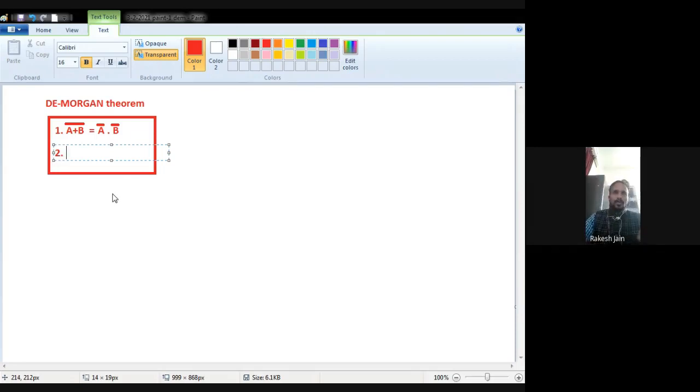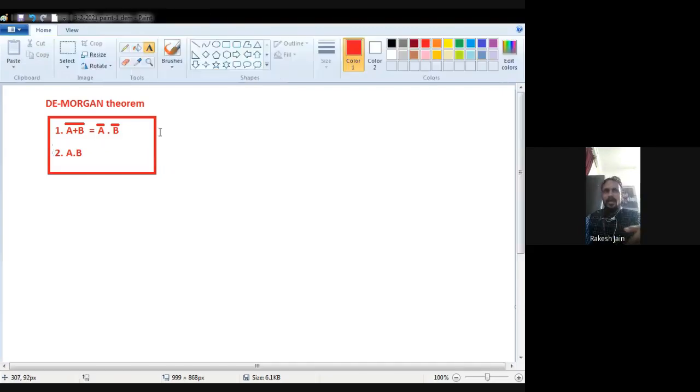This is the first statement of De Morgan theorem. And the second statement: these two statements together are known as De Morgan theorem.